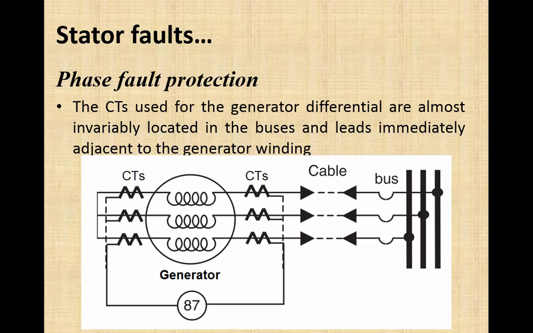We have shown the three winding phases A, B, C, and in order to provide protection to the stator of the generator, three CTs have been provided in the neutral circuit, and three CTs are provided on the terminal immediately after the winding. So it means this differential relay 87 is providing protection to just this generator stator winding. So this is how differential protection is applied to the generator stator.